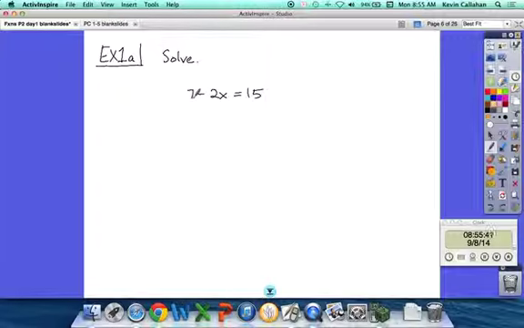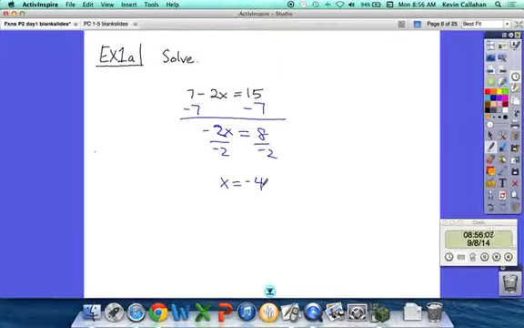But that is a positive 7. So to isolate the variable, we will subtract 7 from both sides. Negative 2x equals 8. And then what? Divide by negative 2. So x equals negative 4. Pretty basic, right?